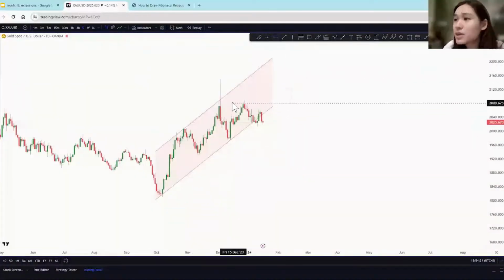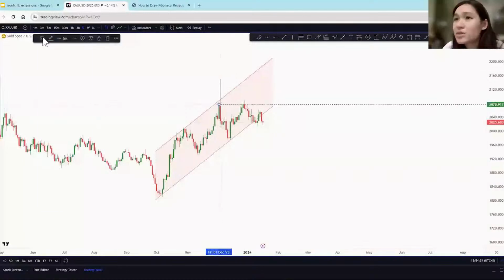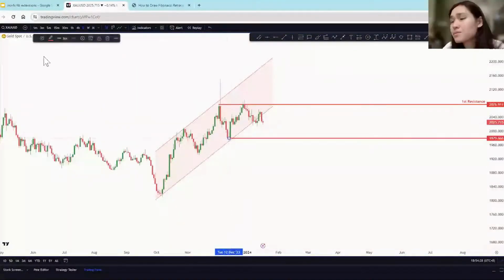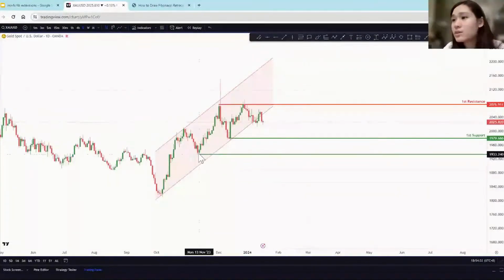Okay, let's go in really quickly with some levels. So this is our first resistance, our first support, and our second support.